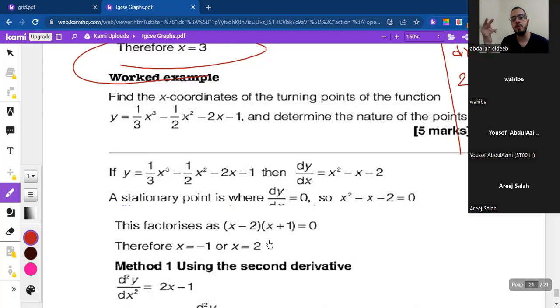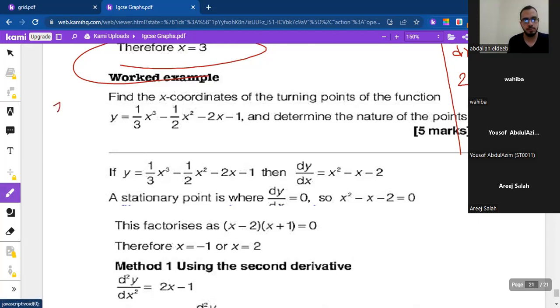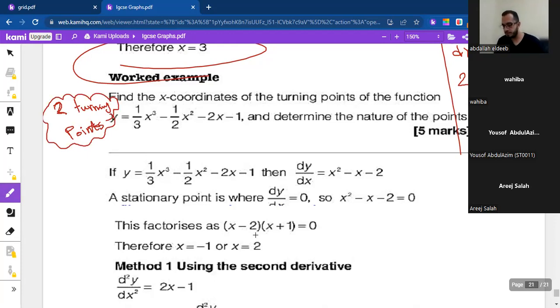X to the third power, 2 turning points. So here I have 2 turning points.